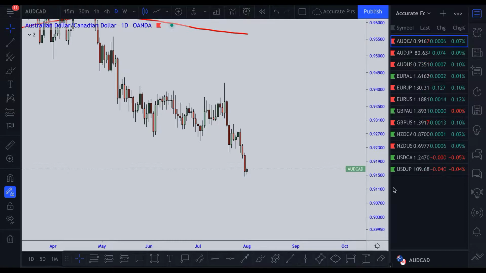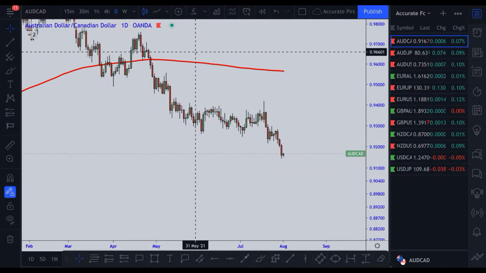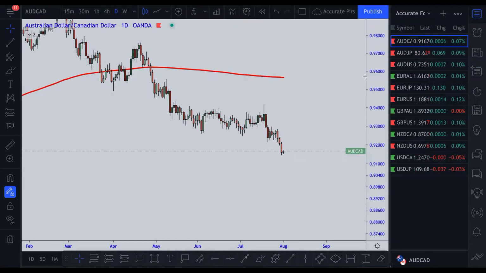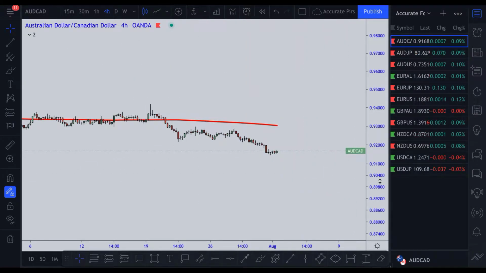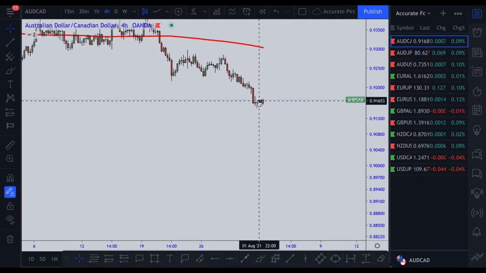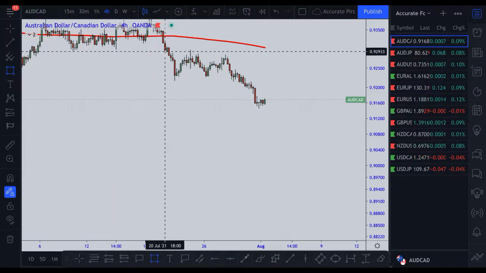Looking at AUDCAD on a daily time frame, we can see this market is in a bearish trend. So with AUDCAD, I'm only going to be looking to take some sales. So I'm going to go into the 4-hour time frame. What I'm hoping for with CAD now is for price to come back and react around this level right here.